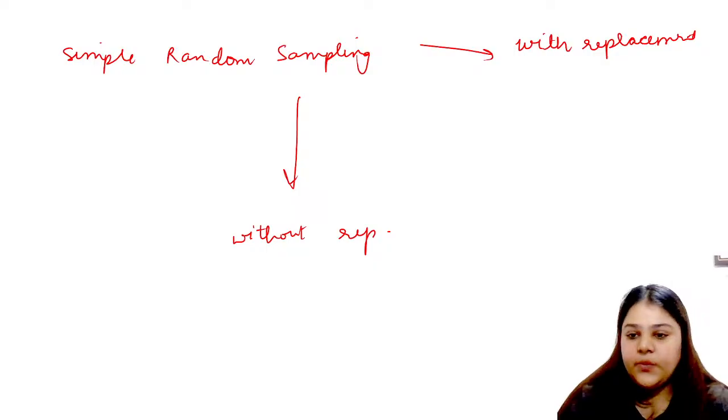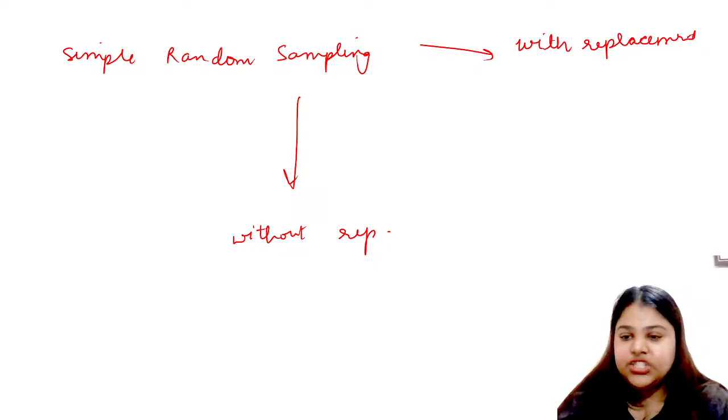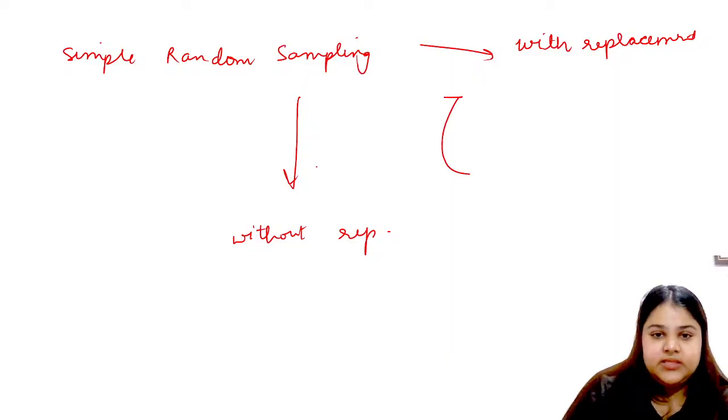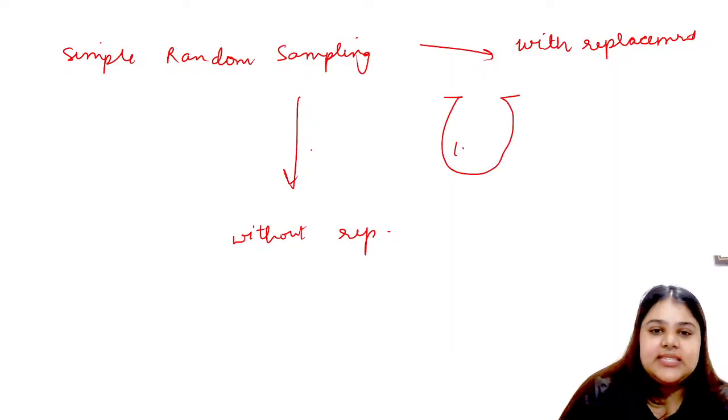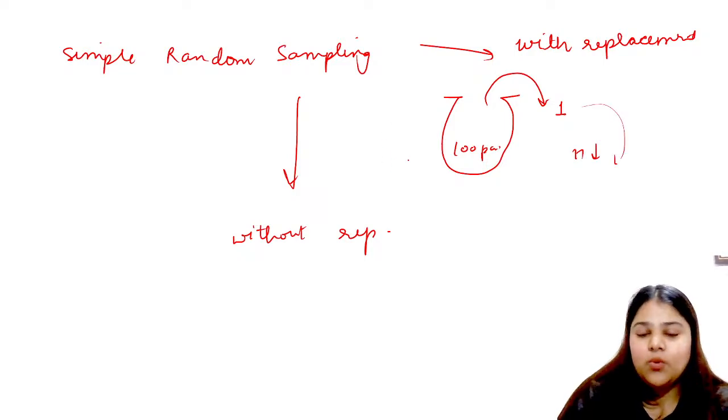Now, you tell me one thing. If there is this fish bowl which is there, and there are these 100 participants which are there, and if I take one slip out, then the total number of n will drop down to 99. And then if I take one more slip, then it will drop down to 98. Then I take one more slip, it will drop down to 97.